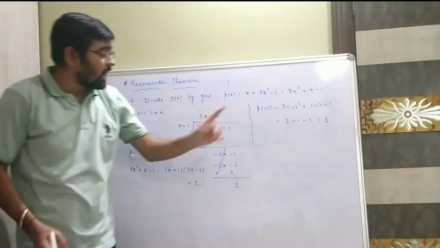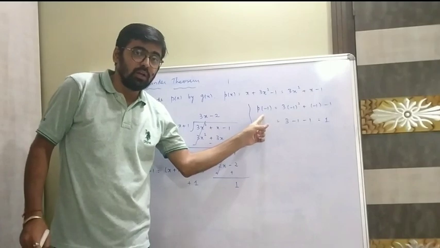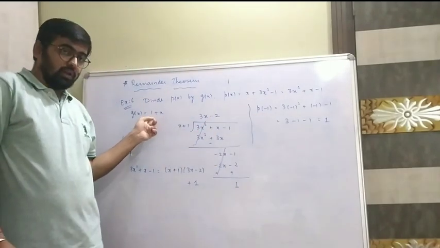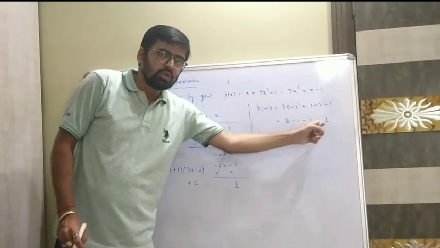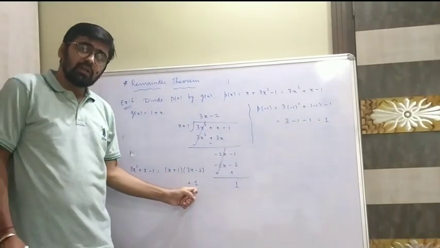So by putting x equals minus 1 in this polynomial, I got p of x equal to 1. So here also I am getting the remainder 1 only.